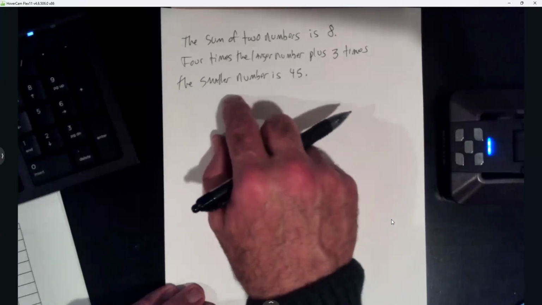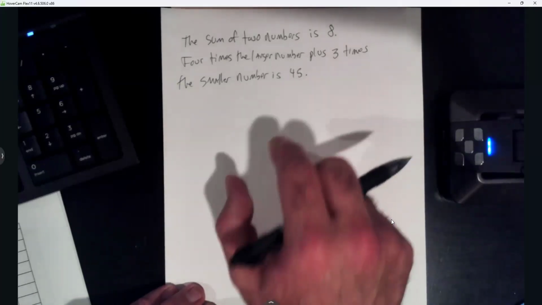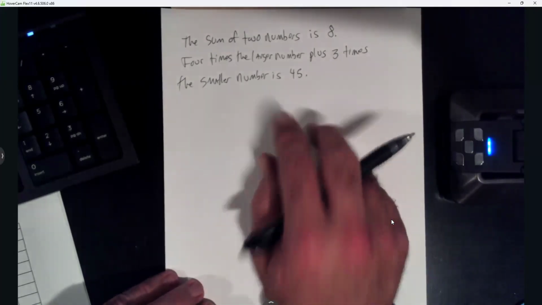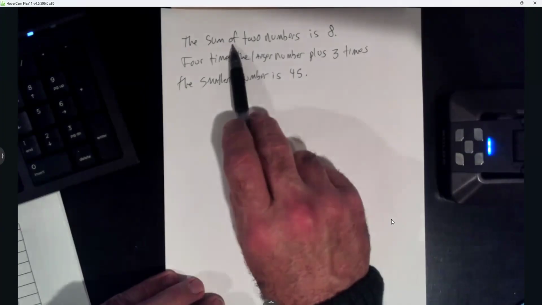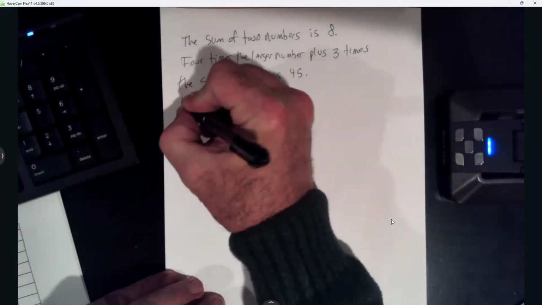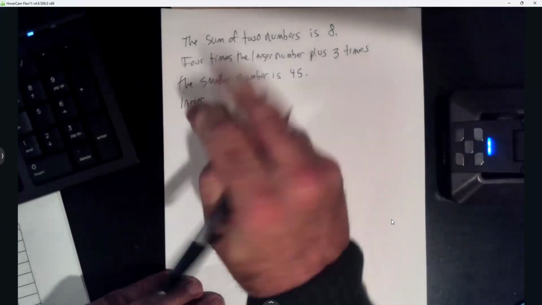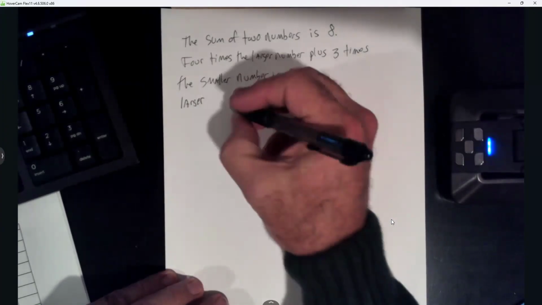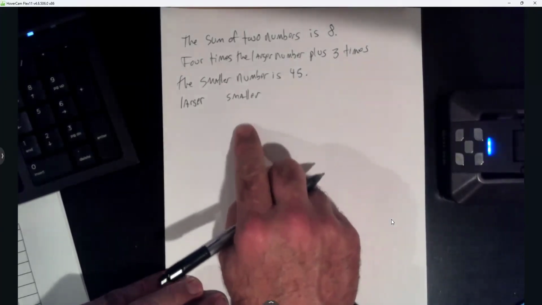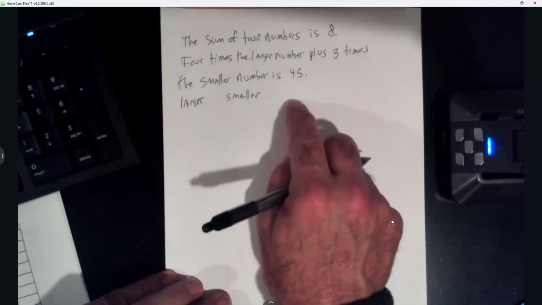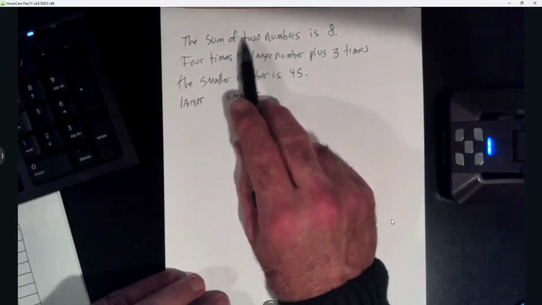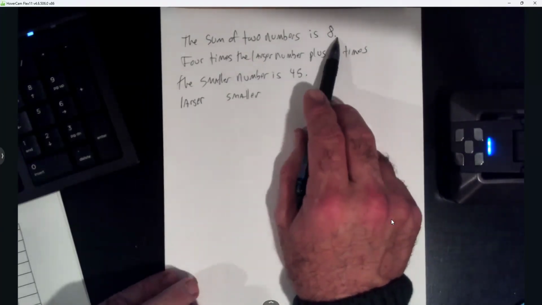So you're going to come up with 2 equations, and then you're going to solve them equations for each variable. Now, it's talking about a larger number and a smaller number. So I'm going to let x equal my larger number in this column. Then I'll have my smaller number in this column, and then that'll equal those answers. So this one says the sum of two numbers is 8.